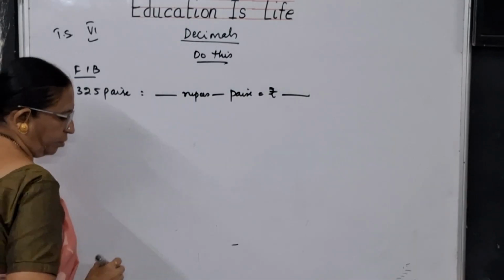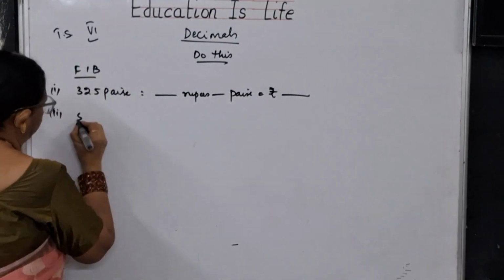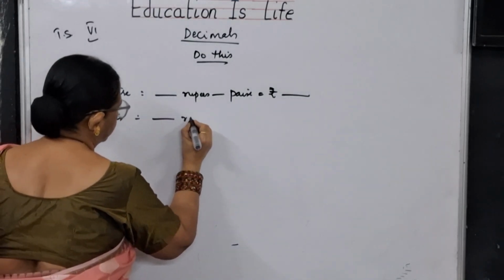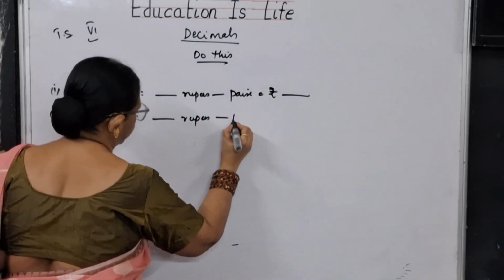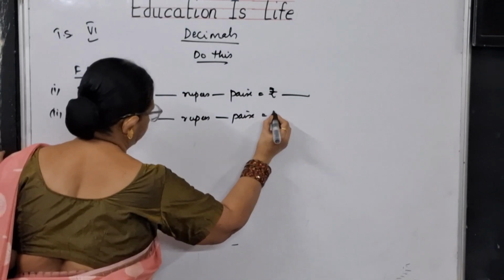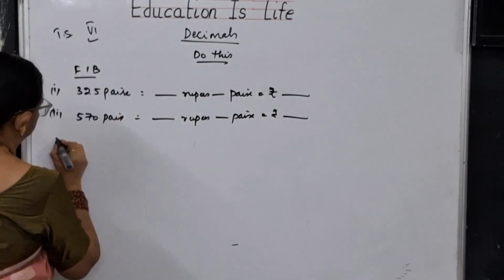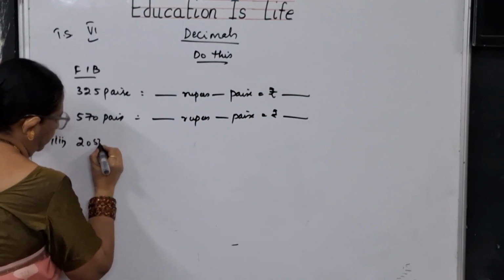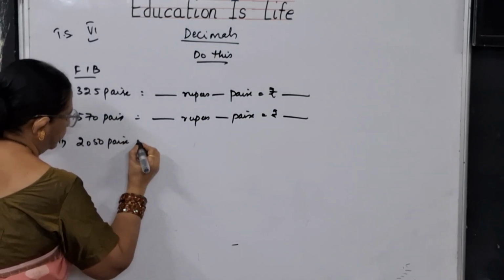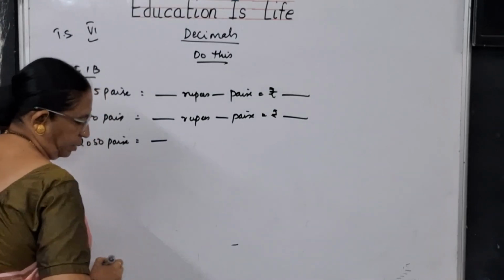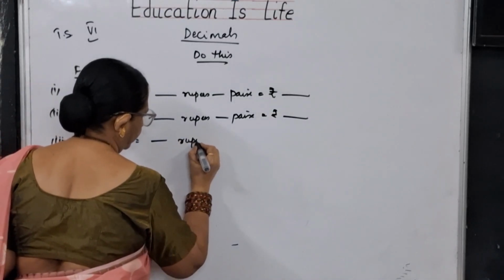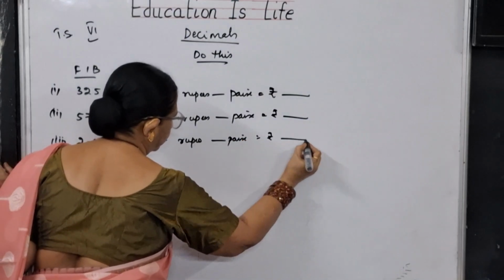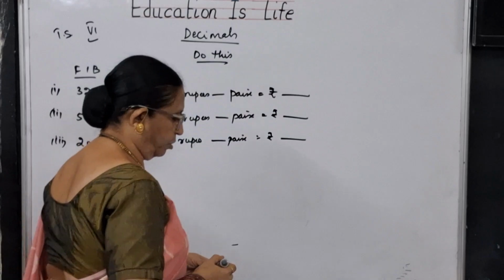And second one, 570 paise is dash rupees dash paise. And the third bit is 2050 paise is equal to dash rupees dash paise. This is the one, children, problem for you.